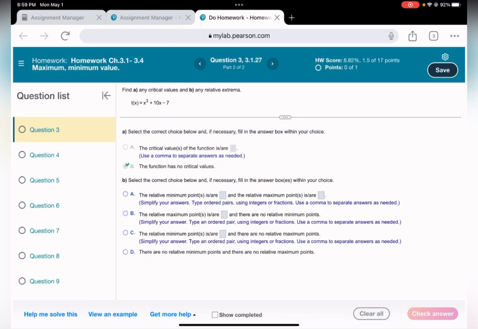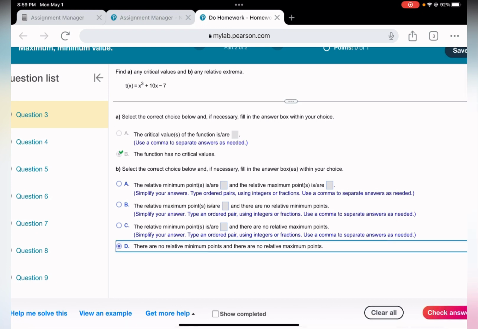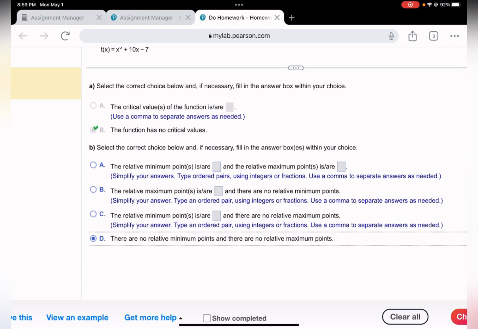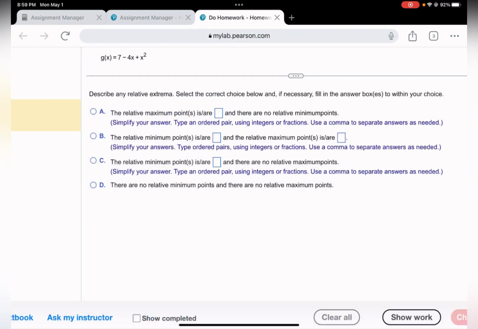And next we need to find any relative extrema. If there is no critical value, that means no relative extrema, right? So this is going to be this one. No relative minimum point and no relative maximum point. Neither one of them. Very good. Moving to the next question.